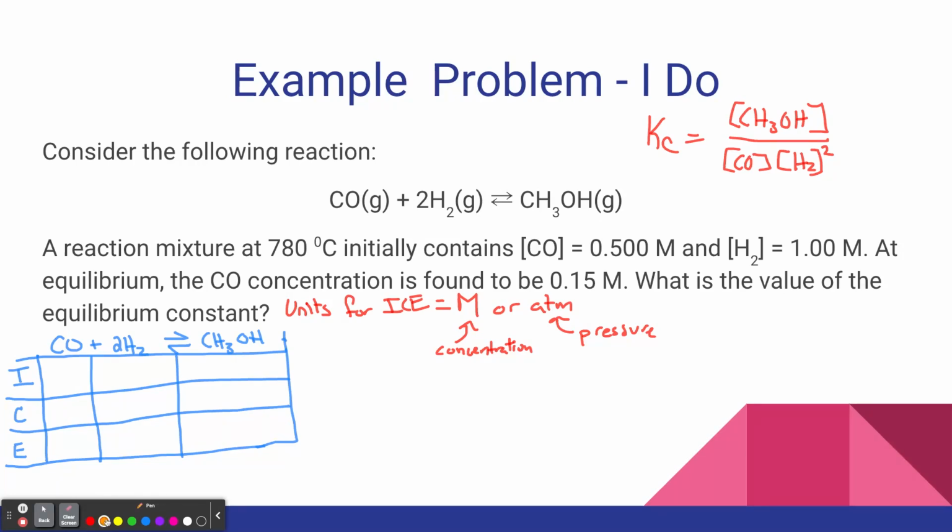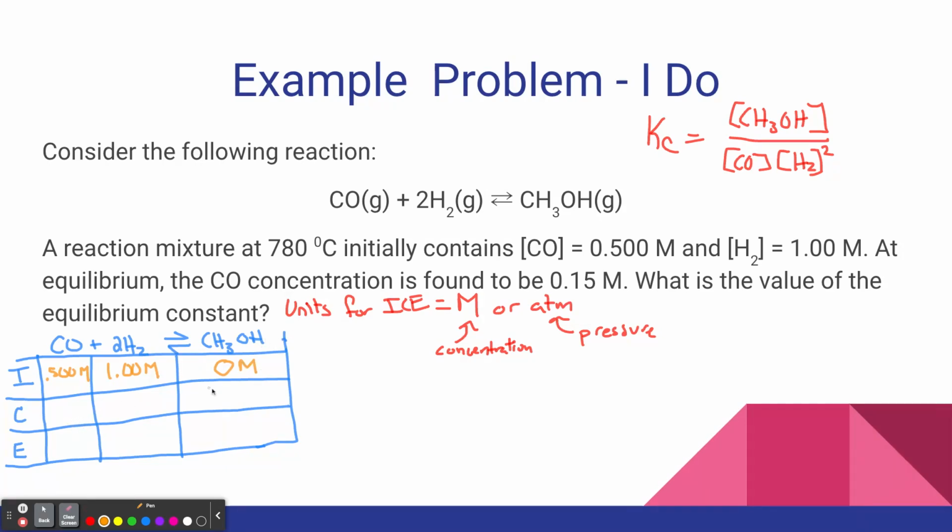The concentration initially of carbon monoxide is 0.500 molar. The concentration of hydrogen gas is 1.0 molar. And then methanol was 0, right? They didn't tell us what that methanol concentration was, so we're going to assume it is in fact 0.